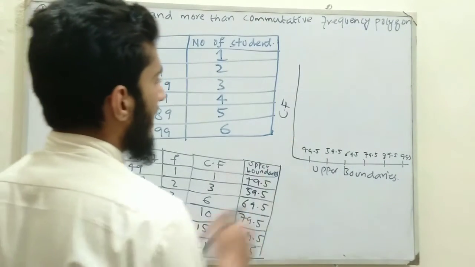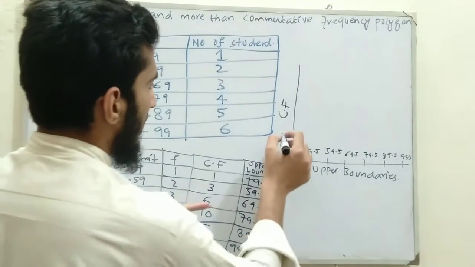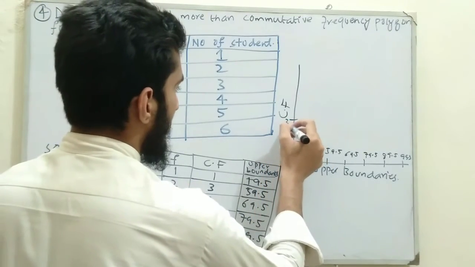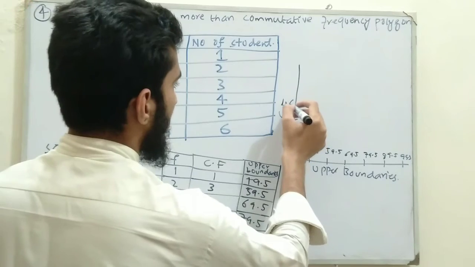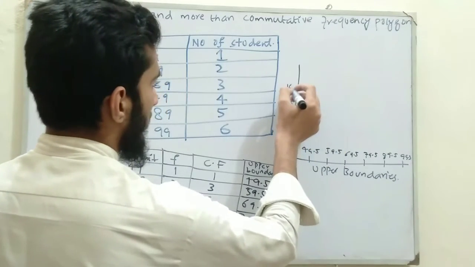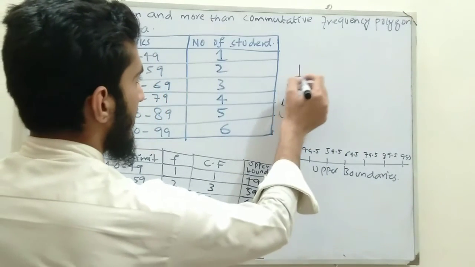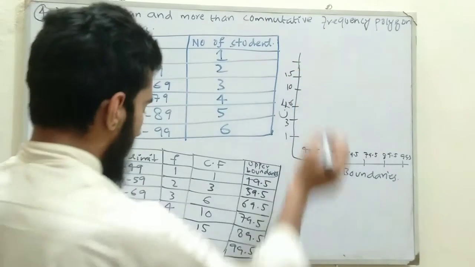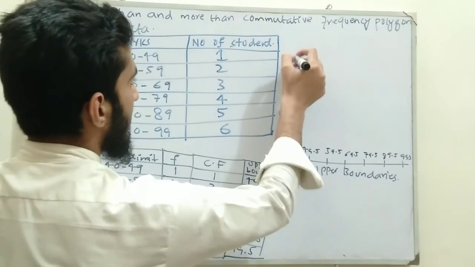So here we will write 1, this is 3, and after this we have 6, after this we have 10, after this 15, and after this we have a cumulative frequency 21.